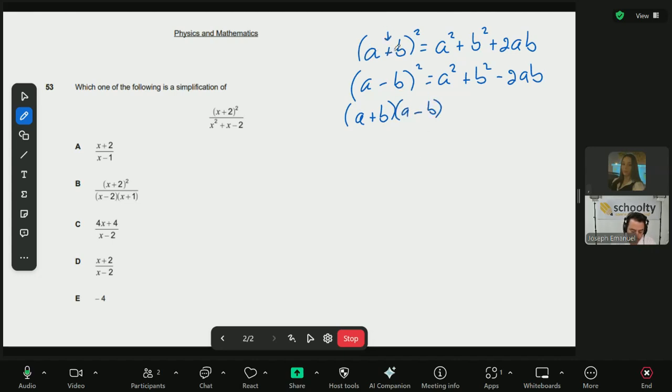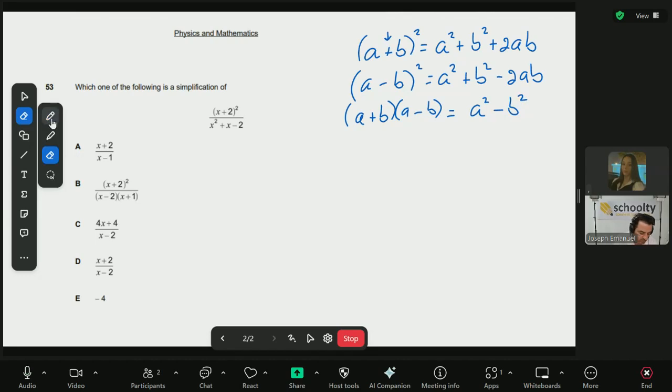Remember that this is 2 times plus because it's square. This is 2 times minus. This is 1 time this plus 1 time minus. So it will be 1 time AB, 1 time minus AB, so it will cancel out, and we will have only A square minus B square, which is the most interesting for us.